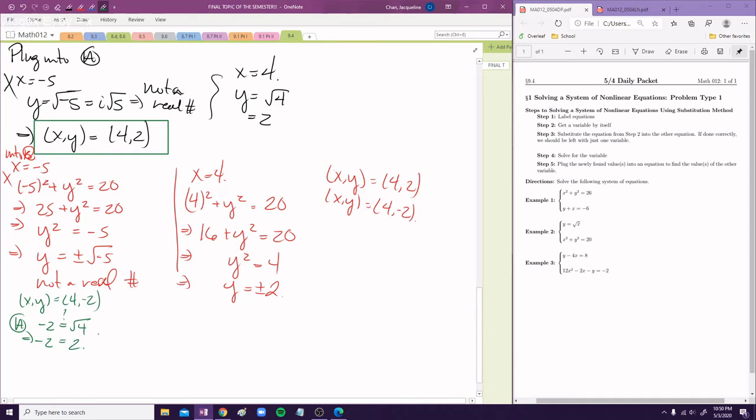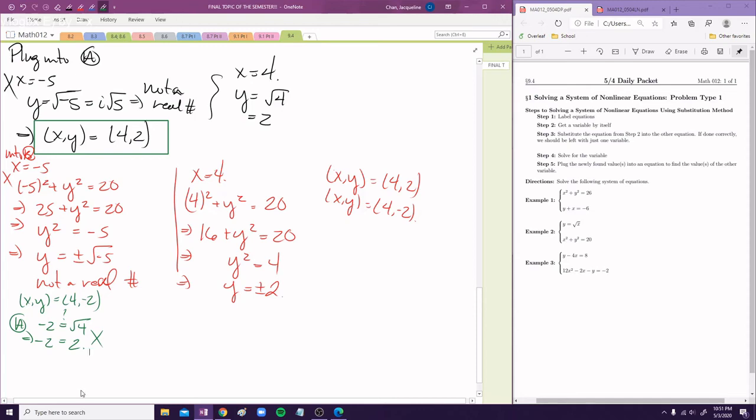This is false, right? Because this is a contradiction, we automatically know that this is not true. Remember, when you plug into an equation, you have to plug it into both to make sure that they're true. But if you get one false equation, you can automatically say it's not a solution. So because it doesn't satisfy equation A, we know automatically that this is not a solution.